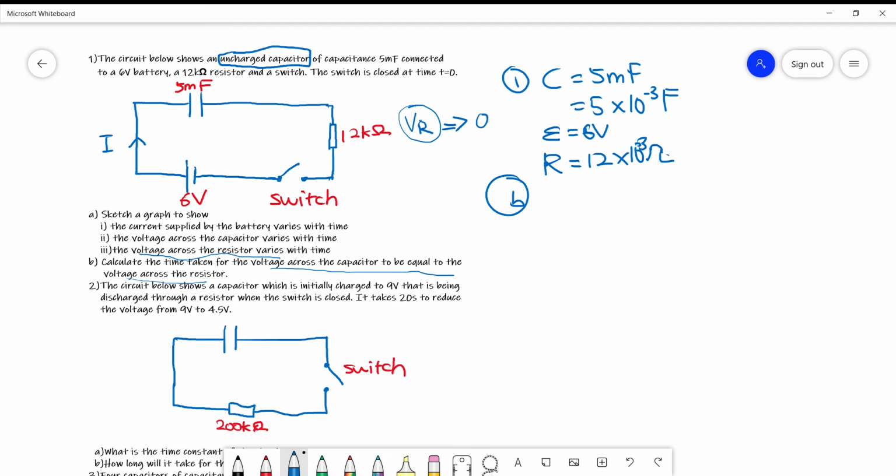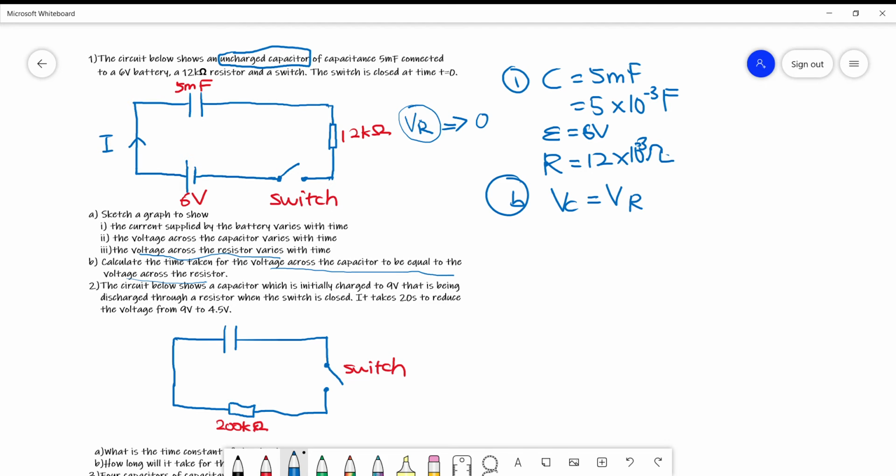The voltage produced in the capacitor and the resistor basically comes from the power supply, which is the battery.